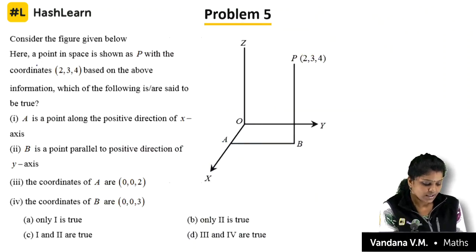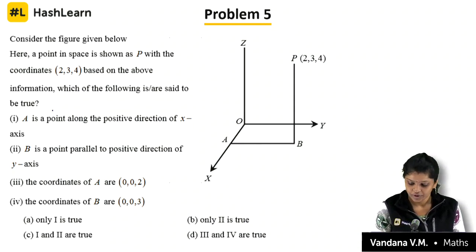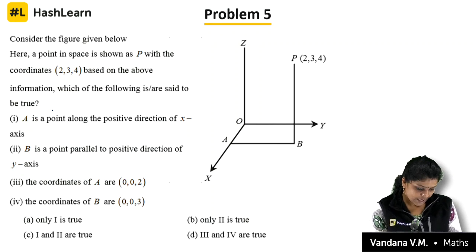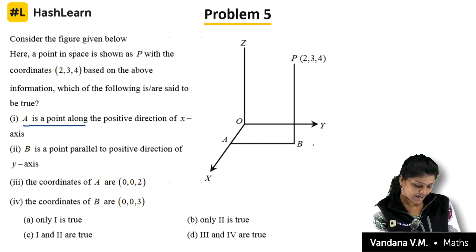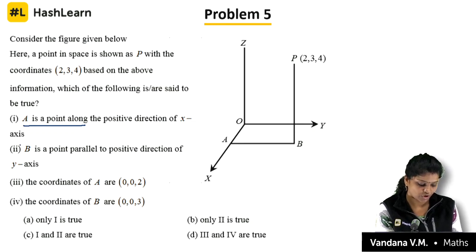Next one, here a point in the space shown as P with the coordinates 2, 3, 4. Based on the above information, which of the following is true? Now tell me, A is a point along the positive direction of x-axis. Correct. Next, B is a point parallel to positive direction of y-axis.